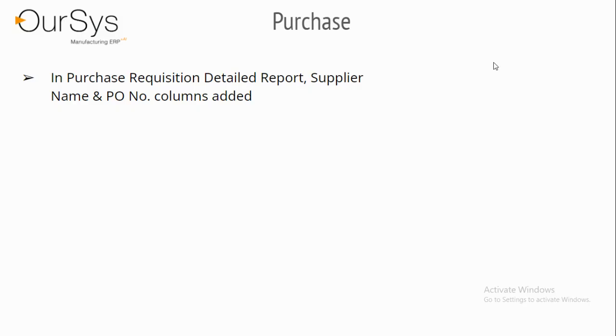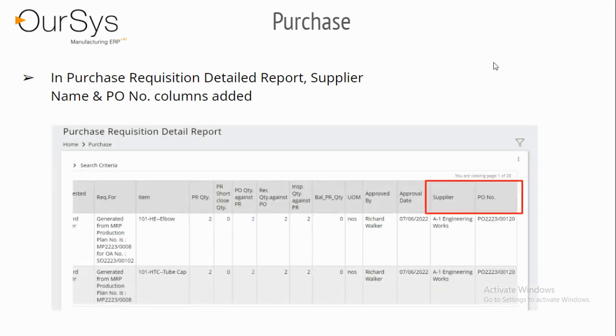The next enhancement we have done is in the purchase requisition detail report. Previously, if I wanted to identify the supplier and the PO number for a PR, I had to click on the PO quantity against PR column every time and get the data. But when I extracted that data in Excel format, it was not possible because the clickable fields were not fetched in the Excel.